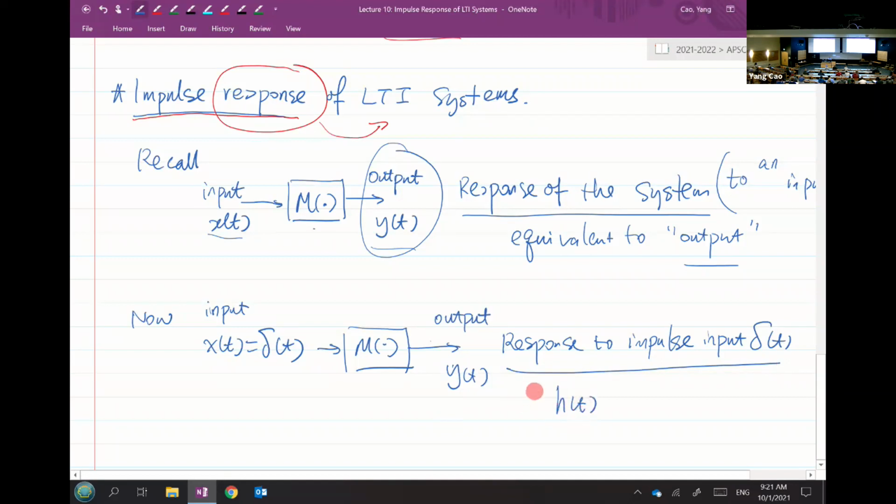So basically, I give it a new symbol to represent the current response. Of course, the general symbol is y, but now instead of y of t, let's call it h of t. This h of t here, as the title shown here, is called impulse response.